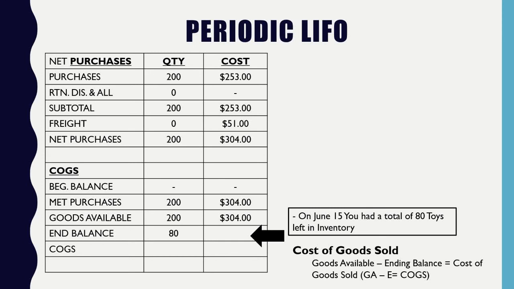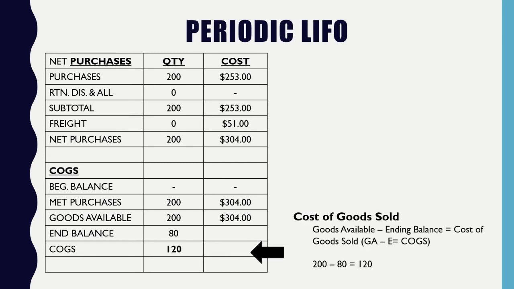So there you go, I plugged in my 80 units. Our assumption is if I had 200 units to begin with and I have 80 units left over, I must have sold a total of 120 units. Okay? And that's how you solve for this part.